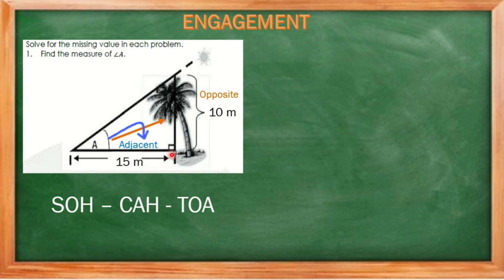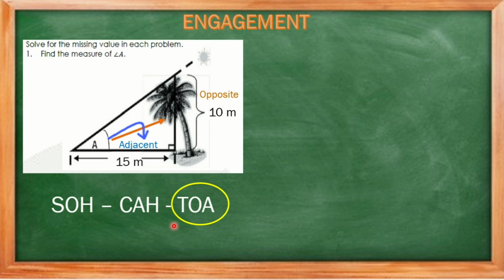Okay, so in this case, dahil ang reference angle natin ay A, ito yung opposite, ito yung adjacent natin. Now, based on our given, ang meron tayo dito ay opposite at saka adjacent. So, piliin mo ngayon sa SOH-CAH-TOA ang merong opposite at saka adjacent. Malinaw na yung TOA ang merong opposite at saka adjacent.